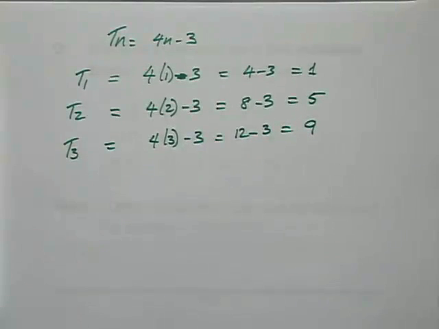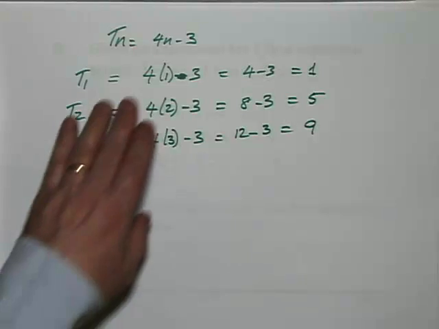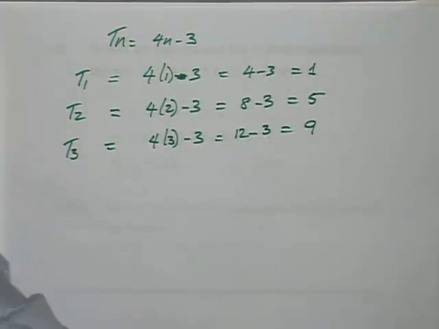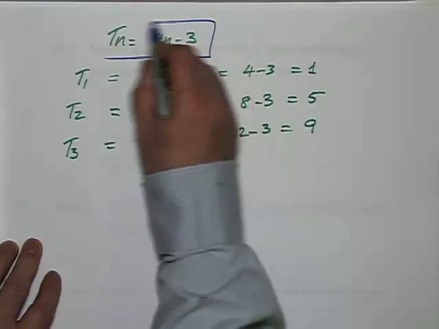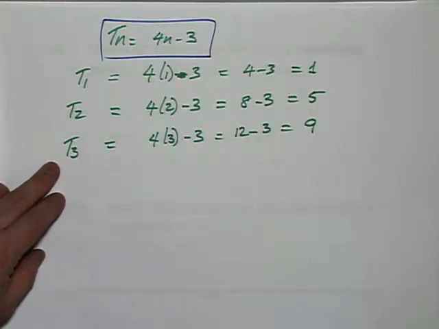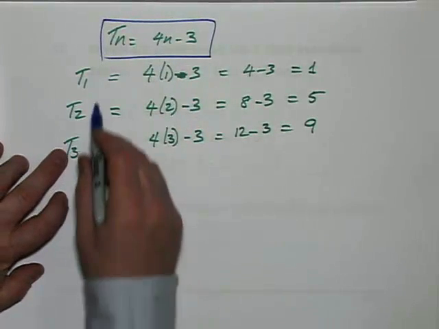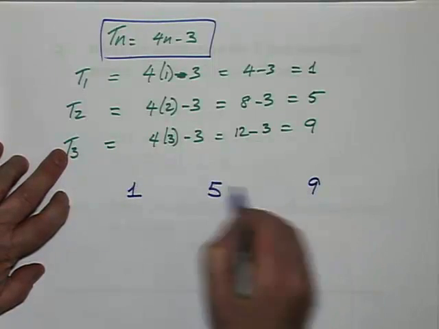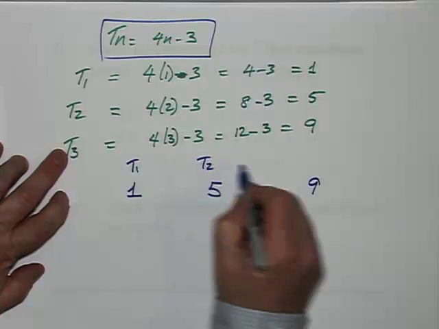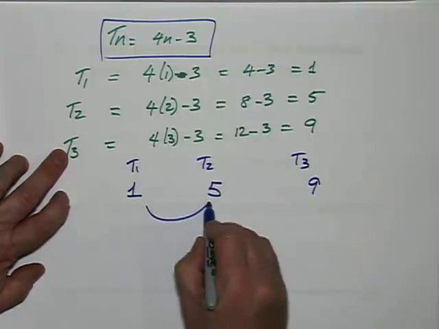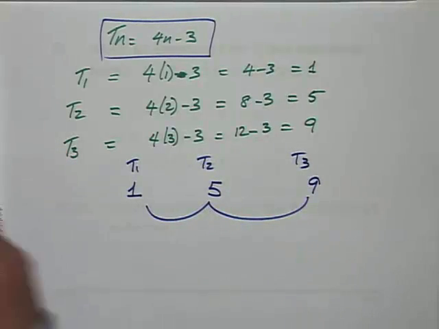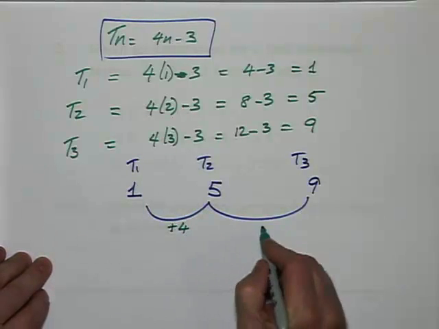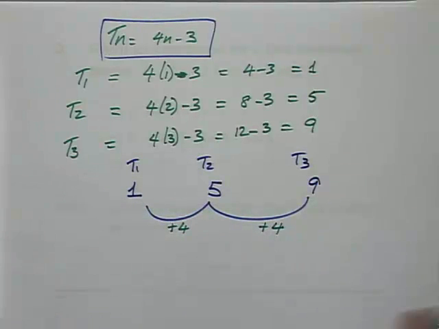Now, sometimes it's really useful when they give you the formula to actually plug in the first 2 or 3 terms. Because when you write them out again and you say 1, 5, 9, T1, T2, T3, it becomes so clear to you what that series is.